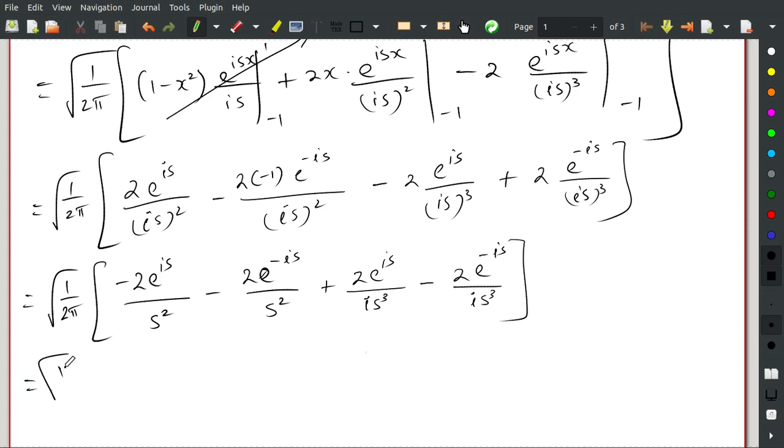For further simplification, we can take minus 2 by s square as a common term.